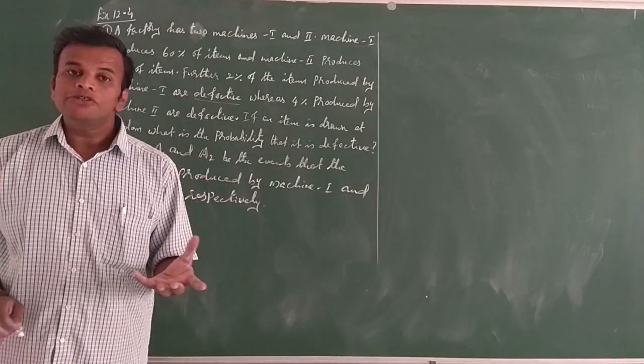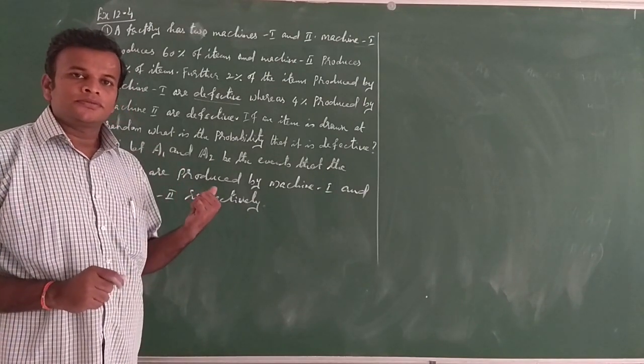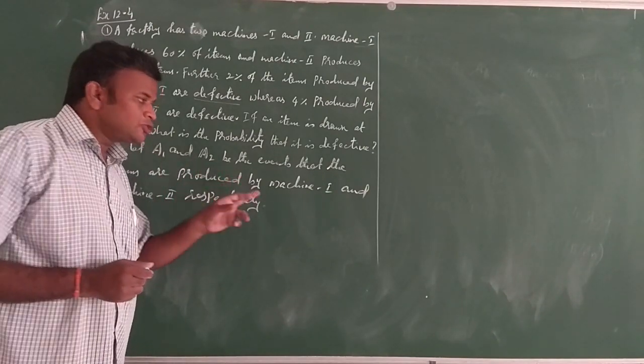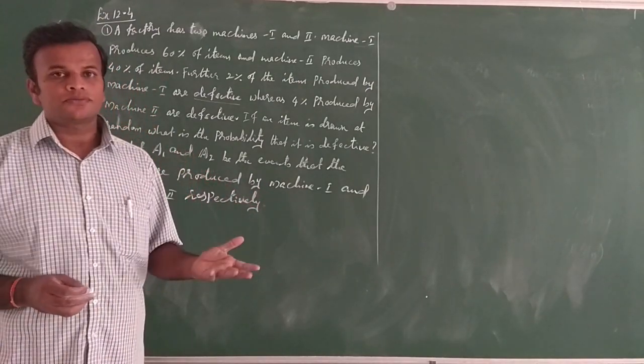Suppose an item is produced by machine 1, we name that event A1. Suppose the item is produced by the second machine, we name the event A2.